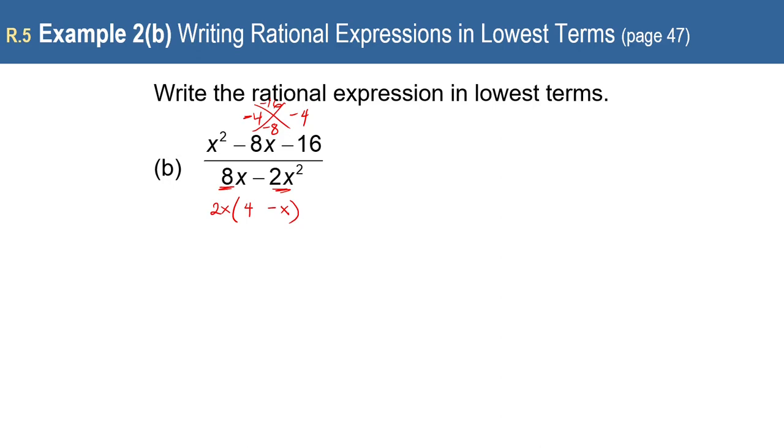This factors as x minus 4 squared because we have x minus 4 times x minus 4 on the top. And you can just rewrite that as x minus 4 squared. On the bottom we have 2x times 4 minus x. Notice that these look very similar. I can actually factor out a negative from the bottom here and then rotate this around so it looks just like this.